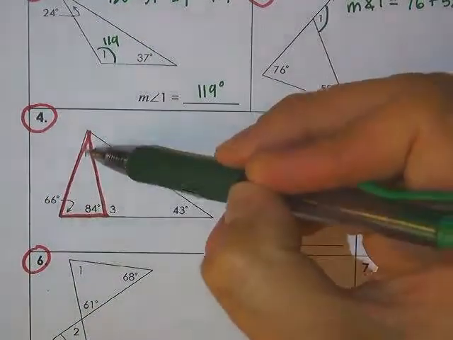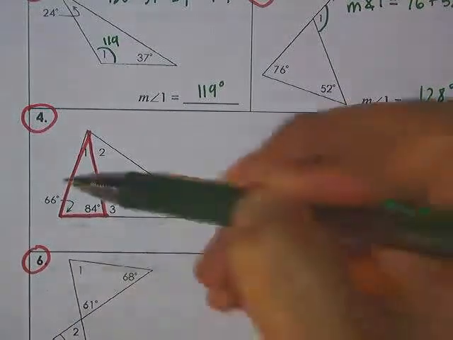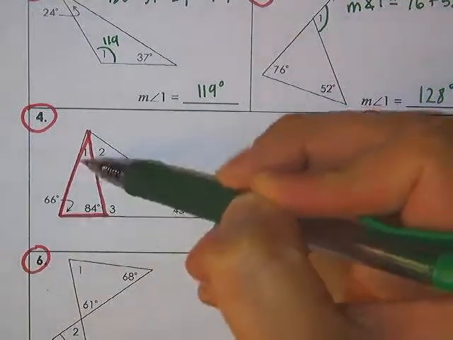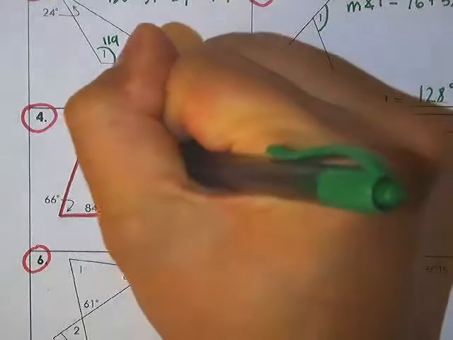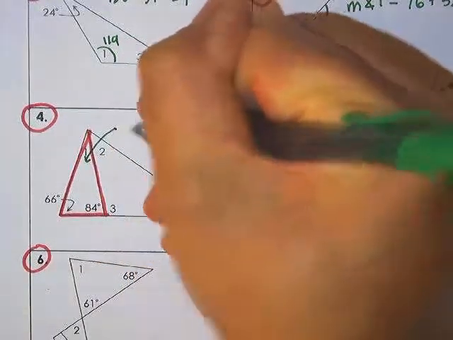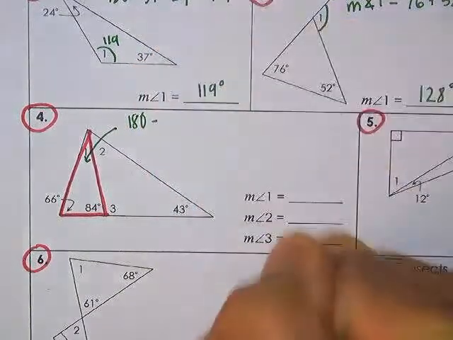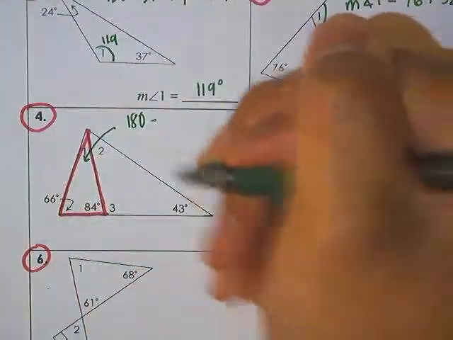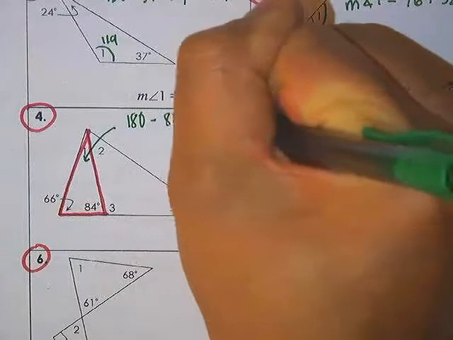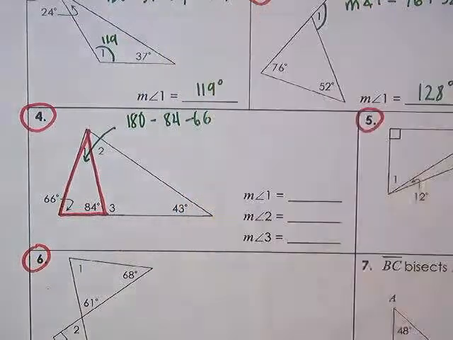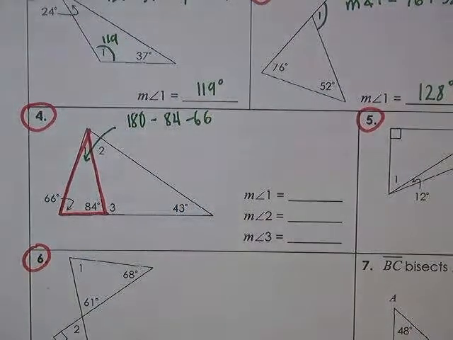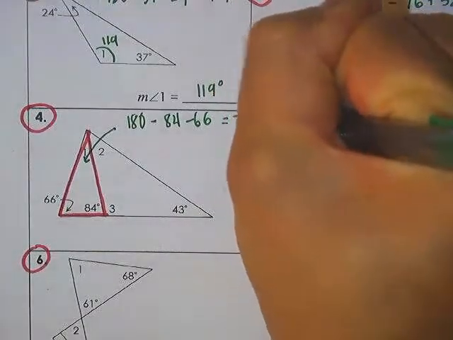I know that these 3 are interior angles. And I can find angle 1 because the 3 angles are going to add up to 180. So in this case, for the measure of angle 1, I can take 180 minus the 2 angles that exist in the triangle. That's going to be 84 minus 66, which is equal to 30.